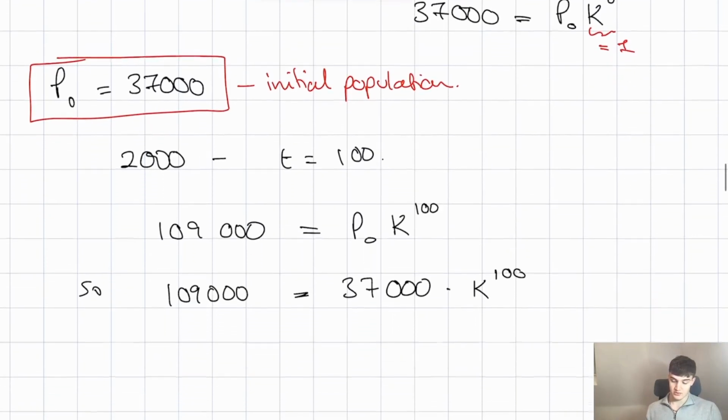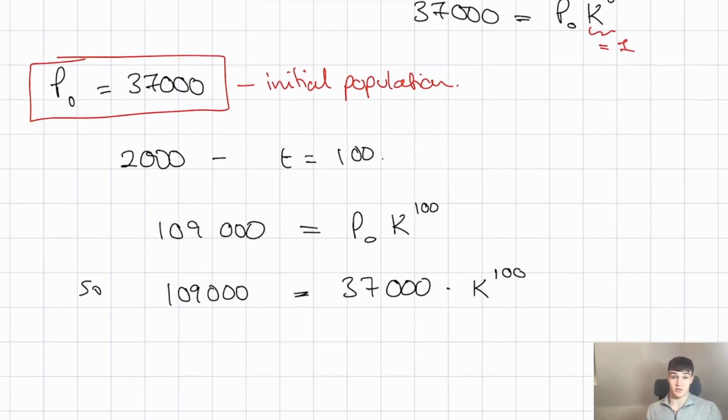And so we can at least work out what k to the power of 100 is now if we divide through on our calculator. 109,000 divided by 37,000. Okay, it's not that nice.